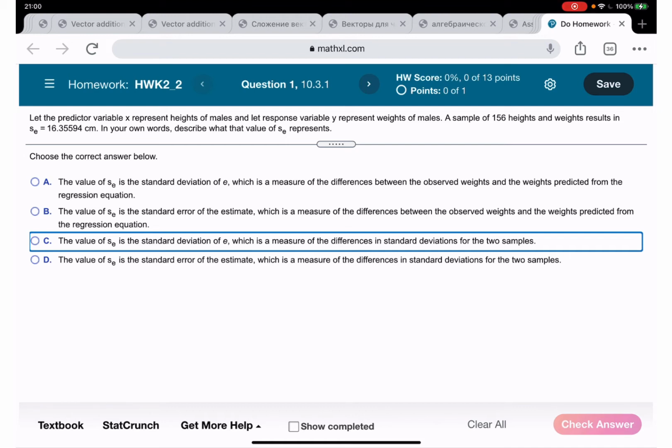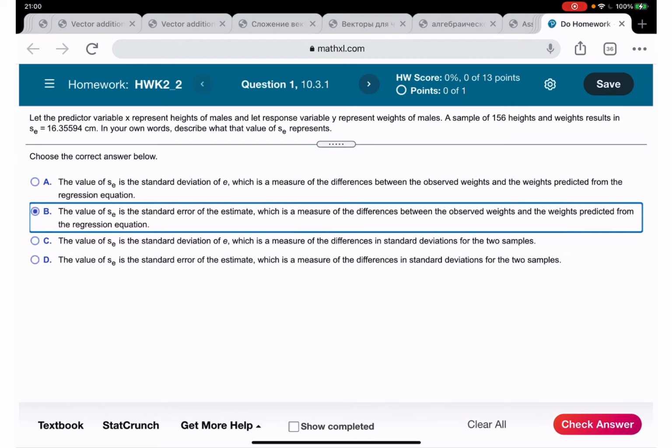Let's see, which one is it? Is it the difference between observed weight and weight predicted? The first one or second one? Let me see which one it is so I won't make a mistake. The value is the standard deviation of estimate, no, anything else.